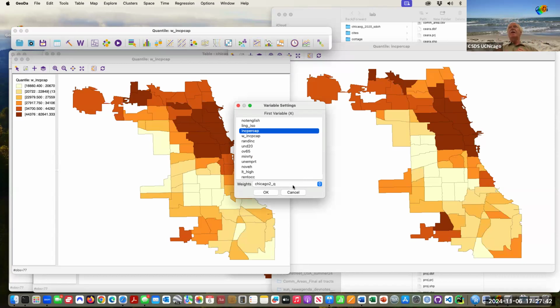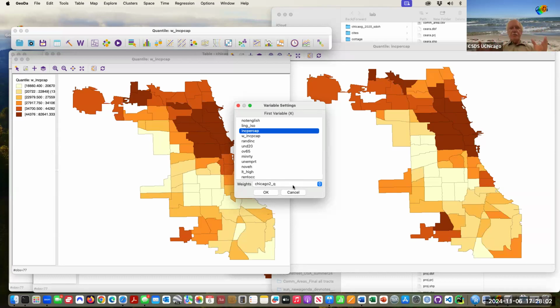The Moran's I spatial autocorrelation coefficient is the slope of a regression line in a scatter plot of the spatially lagged variable on the original variable. So X on the horizontal axis, WX on the vertical axis.